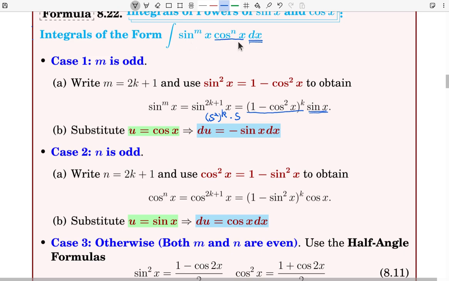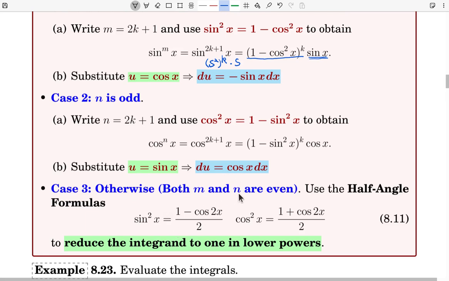If we are using substitution u is sine x, then du can be easily written along with the cosine x and dx. So that's the idea. We put one aside, and then for the remaining part, we transform it so that it is a function of cosine or sine.